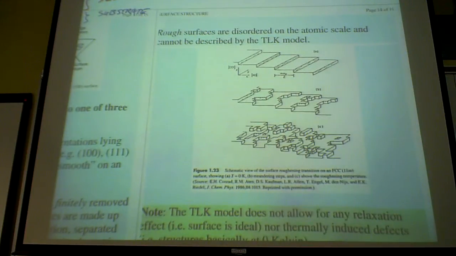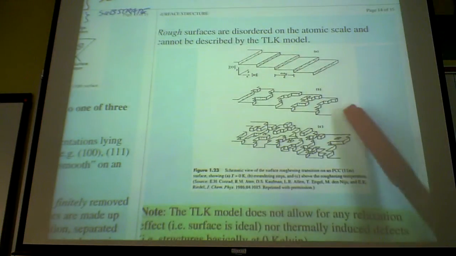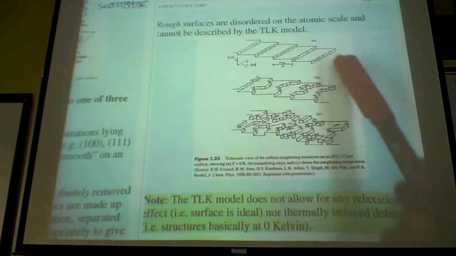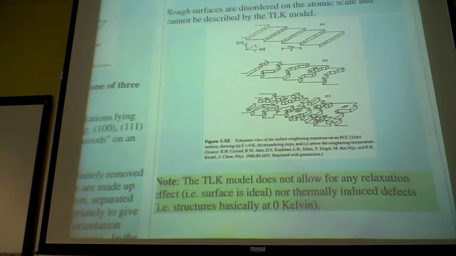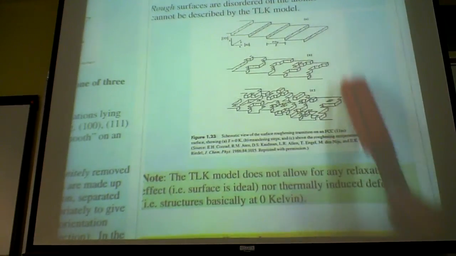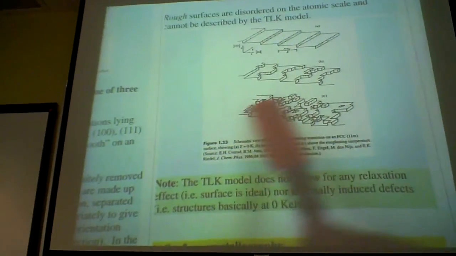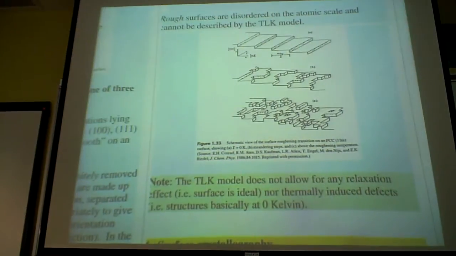You have the roughening effects as you go up in temperature, and you can see this is a stepped surface, and we'll talk a little bit about that today. To get a roughened surface, you just anneal the substrate, and then atoms can move around and roughen the surface like this.